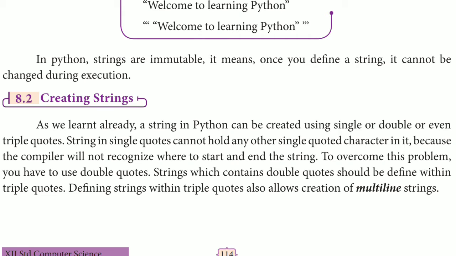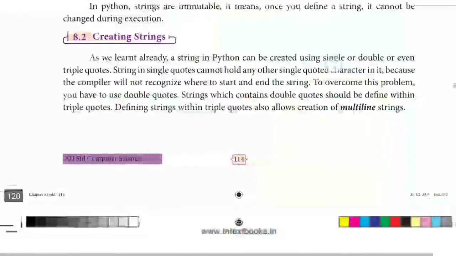A string which contains double quotes should be defined within triple quotes. Defining a string with triple quotes will also create a multi-line string. We'll see what a multi-line string is with an example.